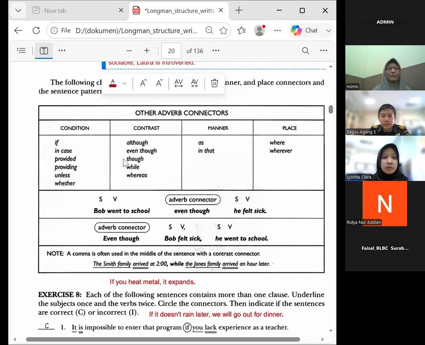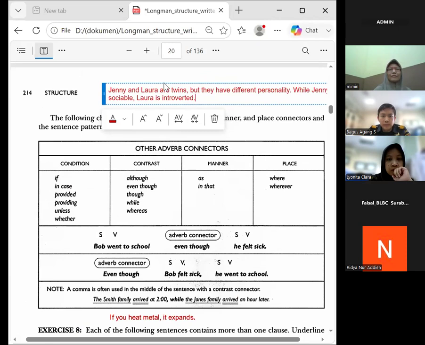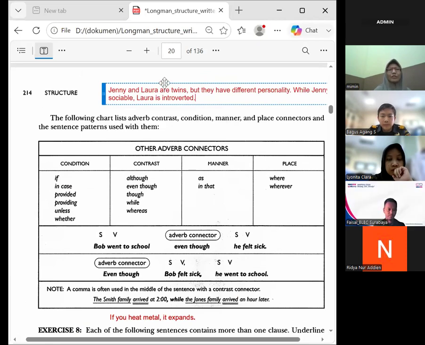Okay, provided and providing. These words simply mean if. And they can be used interchangeably.